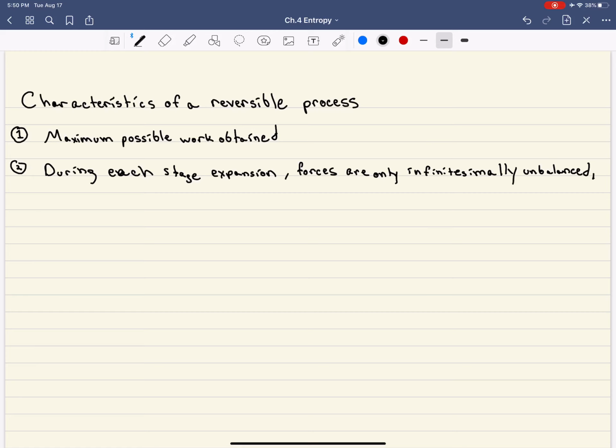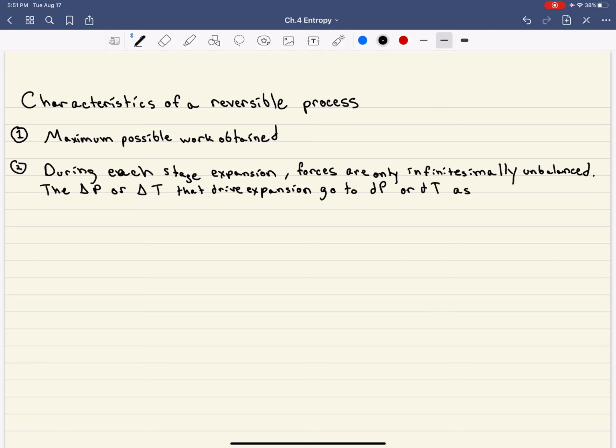Okay? And so then that means, for expansion to occur, the differences in the pressure or the differences in the temperature that drive the expansion had to be so small that they become essentially continuous derivatives. So they become a derivative of pressure or derivative of temperature.